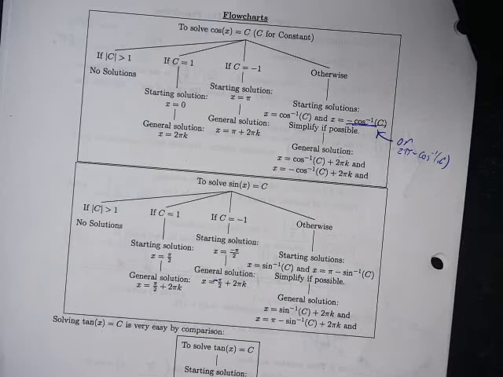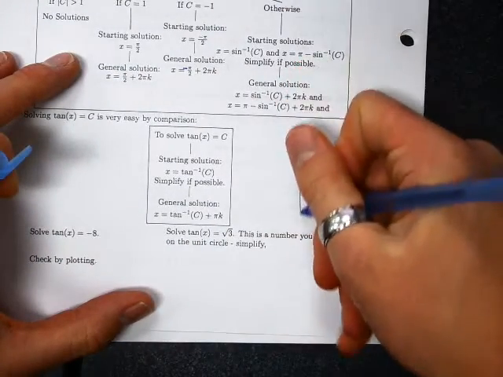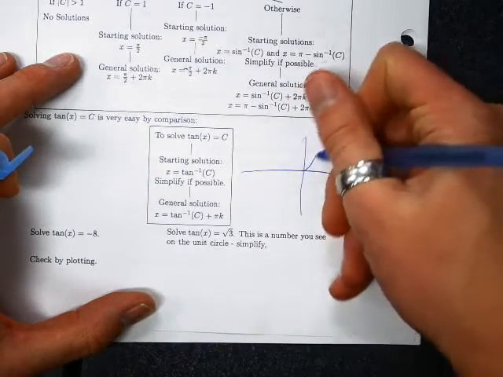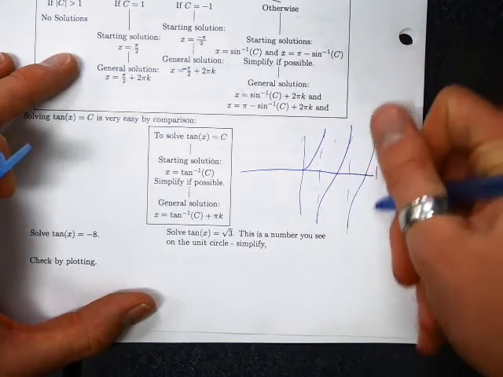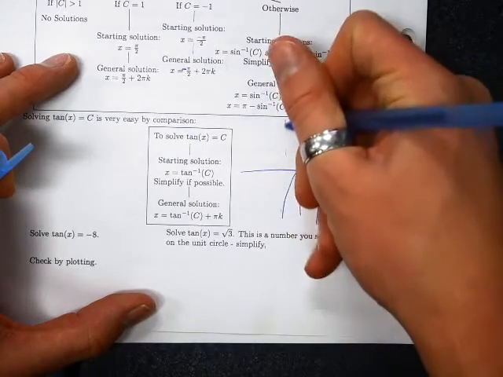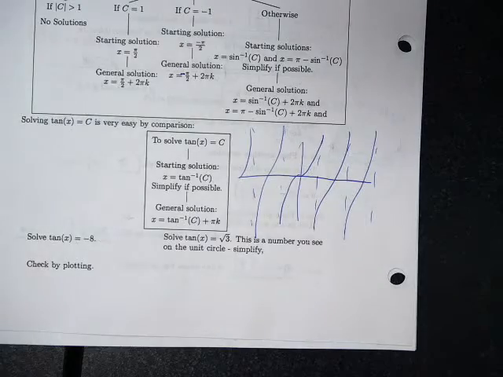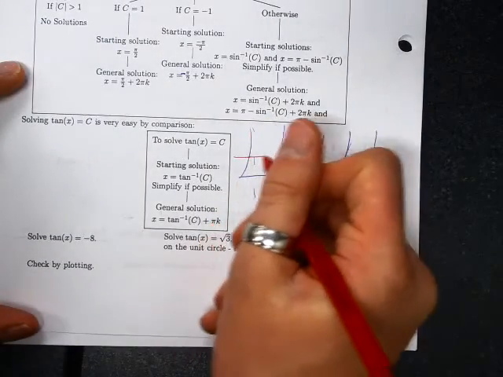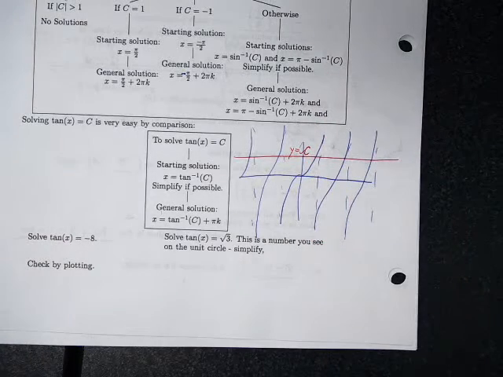And to work with tangent, it's even easier. And maybe I'll draw a picture of why it's easier. I'll draw a picture of tangent. So let's see, I'll draw this line here at y equals c. I guess here I'm assuming c is positive.